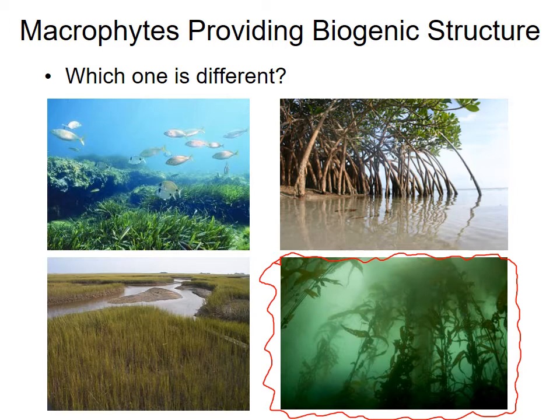So I would say that the mangroves, salt marsh, and seagrass are a set, and the kelp beds are different, although there are other ways that you could classify them. I mean, maybe you would say that the mangroves and the salt marsh are similar because they're both intertidal, and maybe the seagrass and the kelp beds are similar because they're both subtidal, but I like the evolutionary classification. I think that's the natural grouping of these 3.